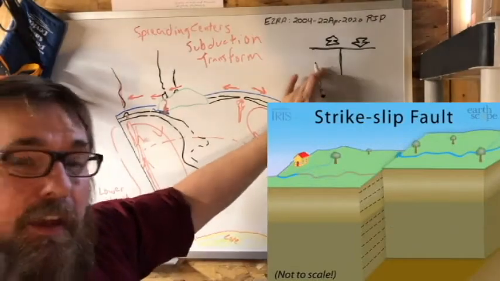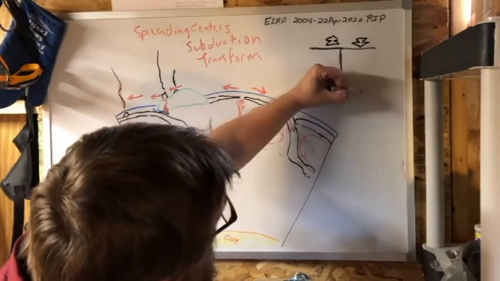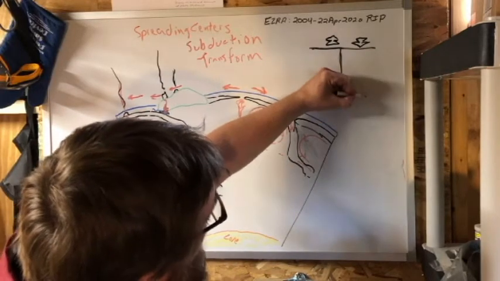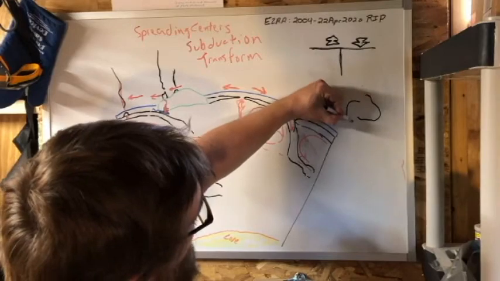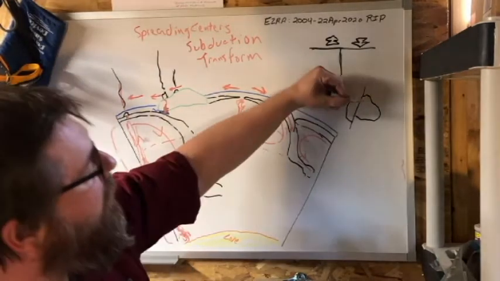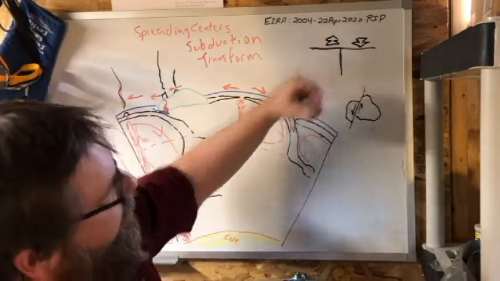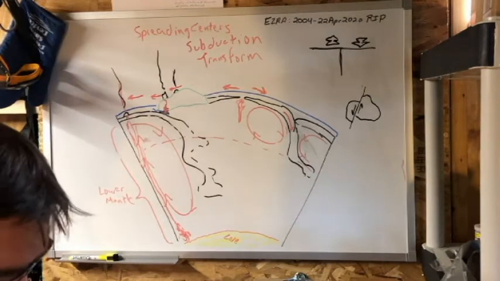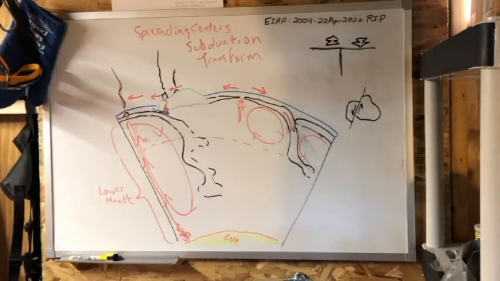So in a cross section, it's hard to draw it. In a plan map view, say we have an island with a strike slip fault running through it. In a map view, this part of the island is moving past this part of the island. That's a transform boundary or strike slip fault.